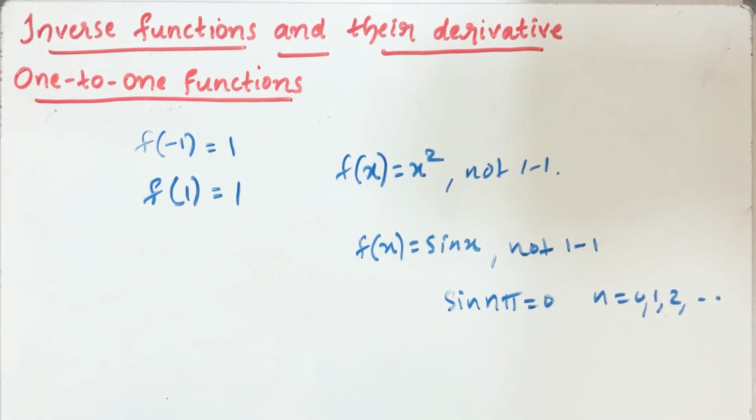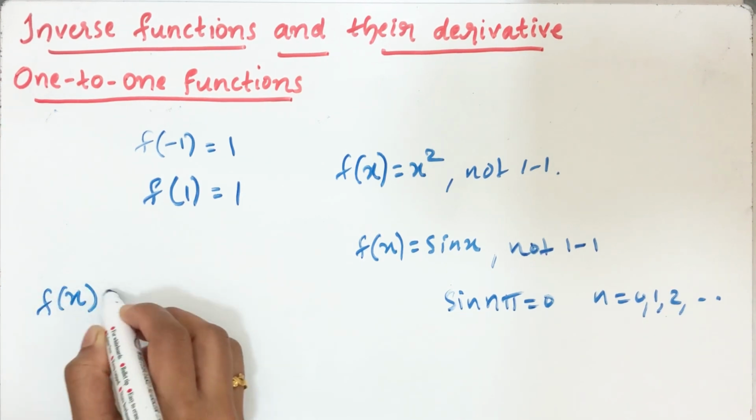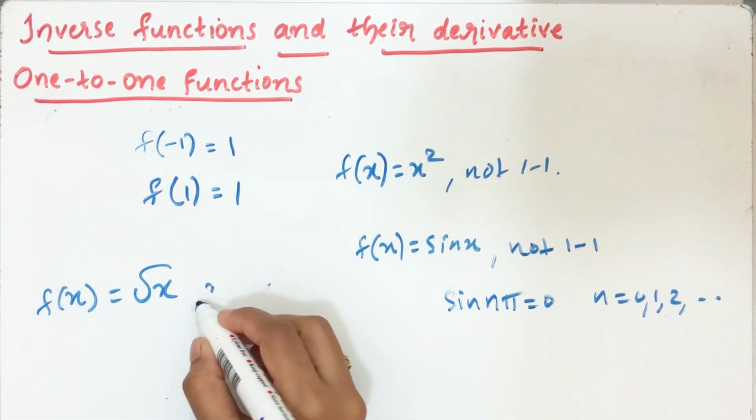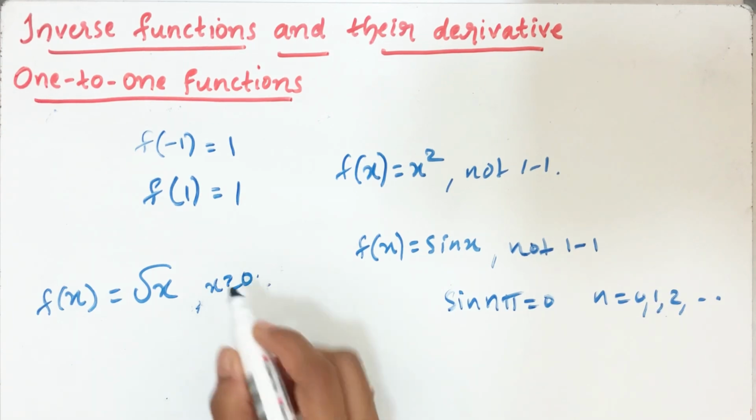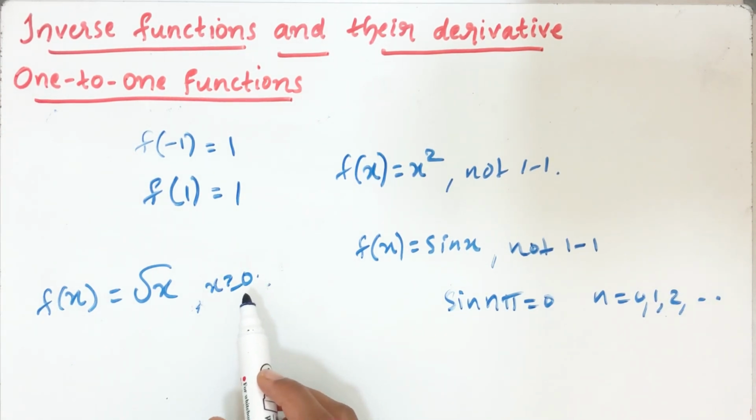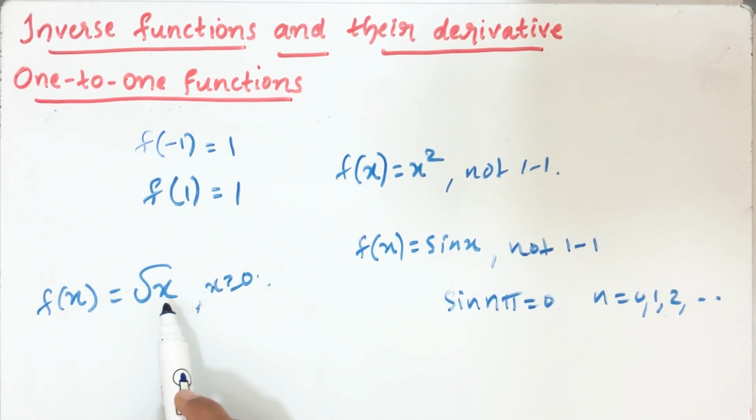While some other functions never assume a given value more than once. For example, square roots and cubes of different numbers are always different. We can take the function f(x) is equal to root x for x greater than or equal to 0. We can take only real values. If we take negative values, root of -1 is i, complex numbers.